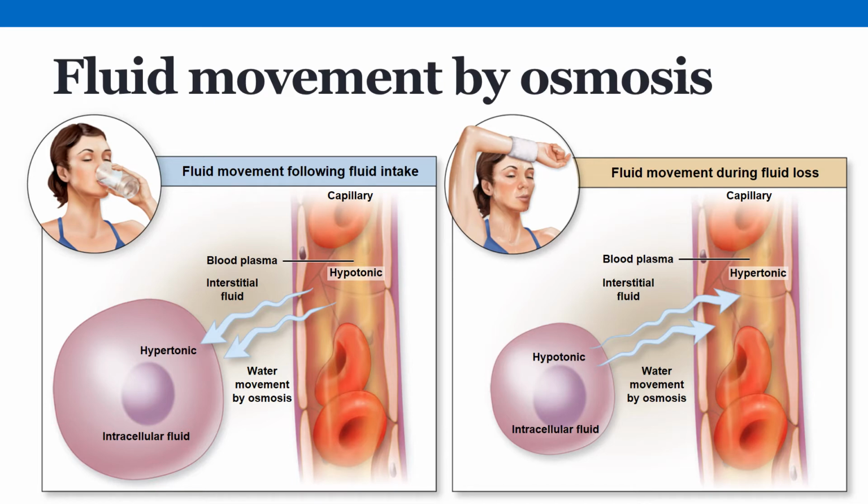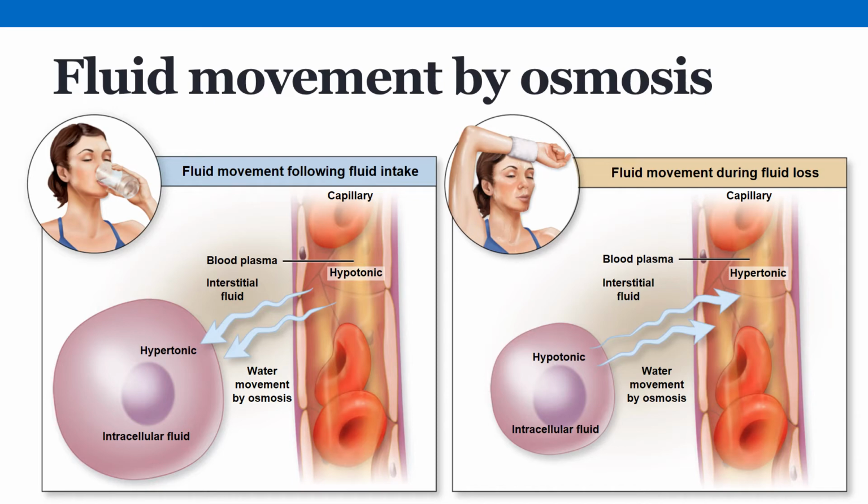The cells can choose what moves in and what moves out, as we talked about some in A&P1. But what about the movement of water? Water moves by a process we call osmosis. You've seen this before in A&P1, but it's worth mentioning again.